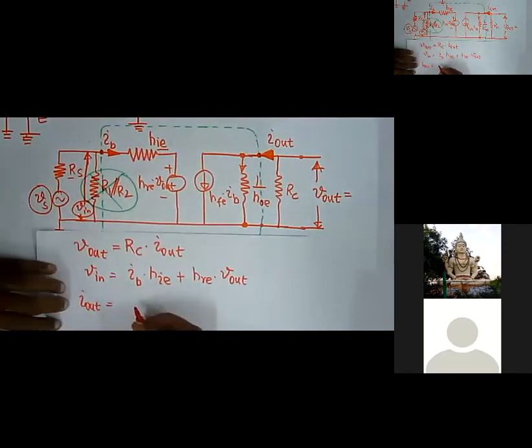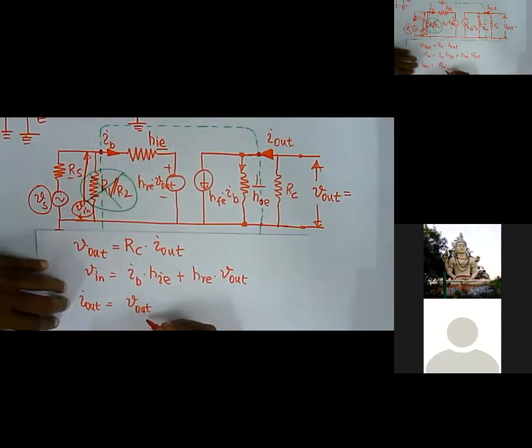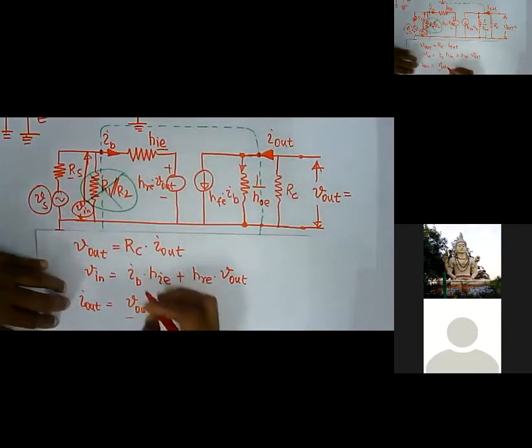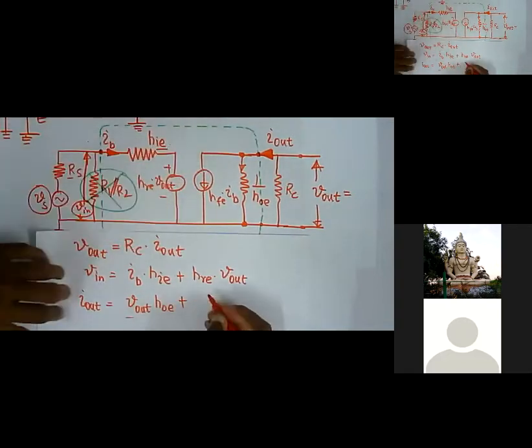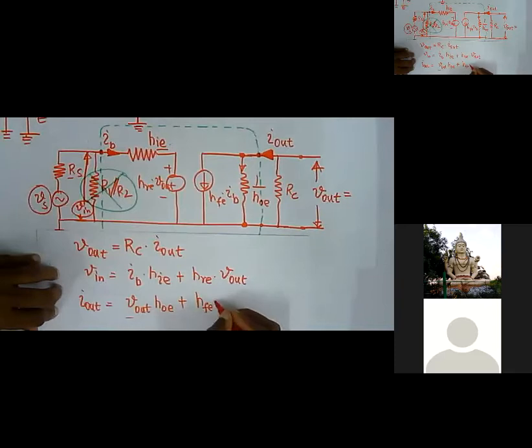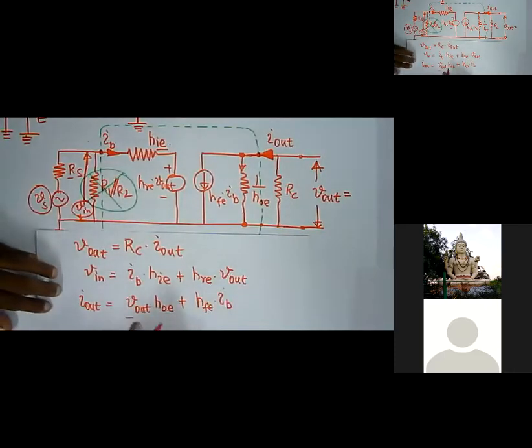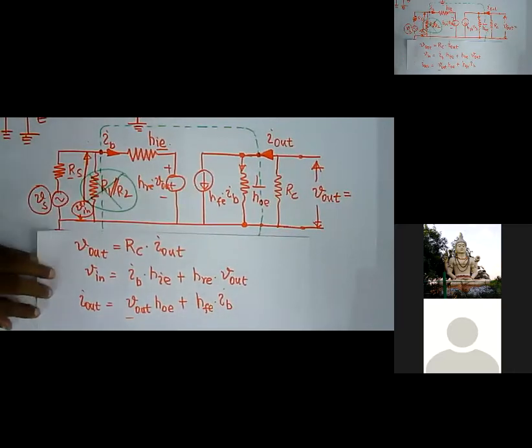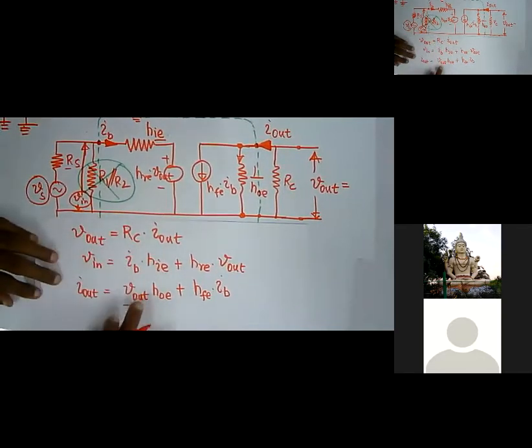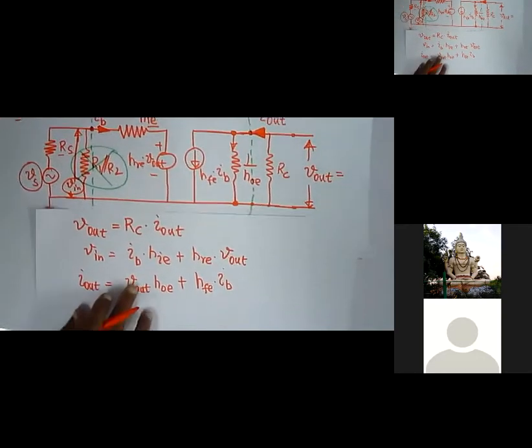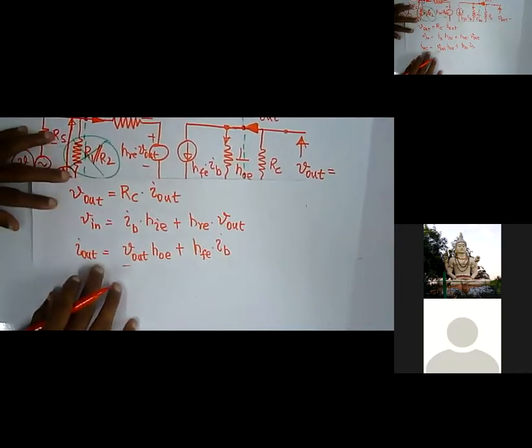So I out equals V out into HOE plus HFE into IB. See here, we have equations with HIE, HRE, HOE, and HFE. These are the parameters we need here.